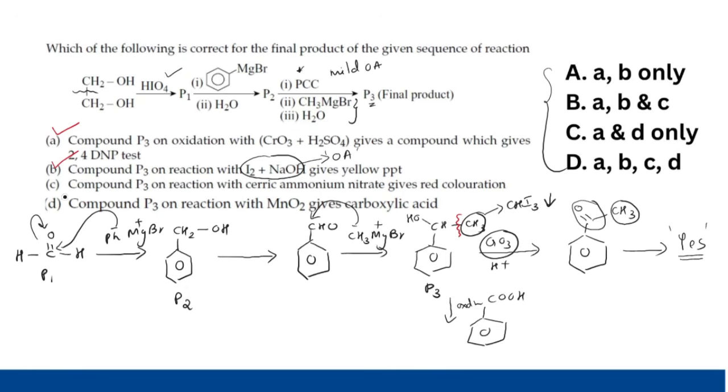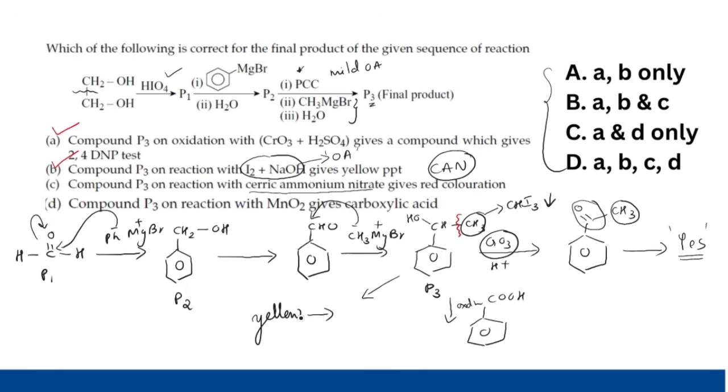Let's check statement C. Compound P3 on reaction with ferric ammonium nitrate gives red coloration. Now, this ferric ammonium nitrate, popularly known as CAN, is a yellow solution, and when it is added to a secondary alcohol, it will convert it to the ketone. Then what will be the change in color?